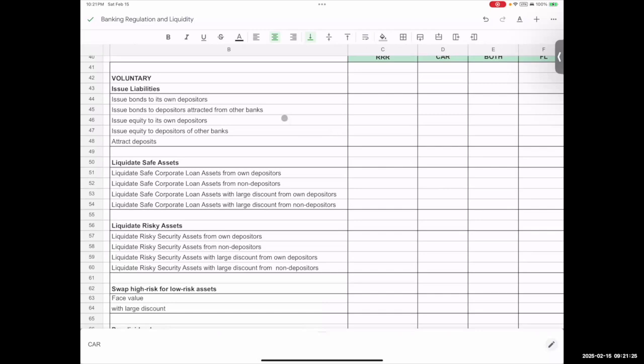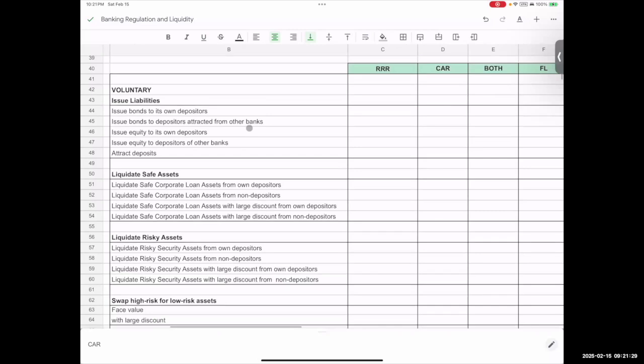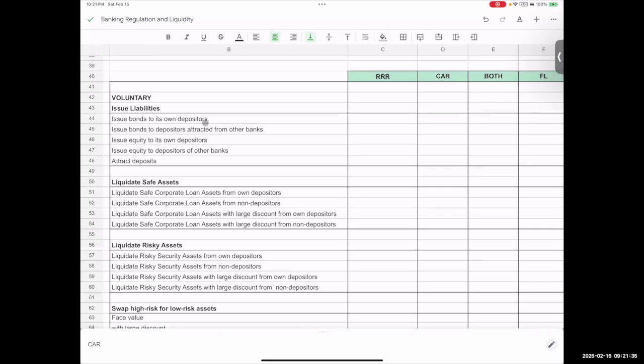But I will just give you a sense of what we wanted to consider here, and this should be also quite straightforward in the sense that these are the things that come to mind when a bank is in this kind of constrained position. So first, we obviously have issuance of securities, bonds, and equity. Now, we start from a very known starting point among us, which is that banks create deposits when they lend, right?